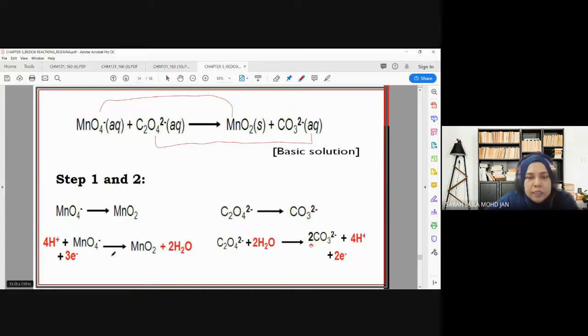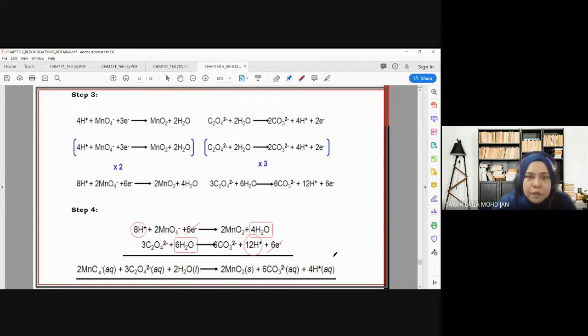And then step ketiga, balance oxygen by adding H2O. So sini ada 4, sini 2. So tambah 2 H2O. Okay. And then step ke ni dia tambah H+, and then E.